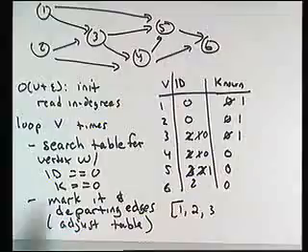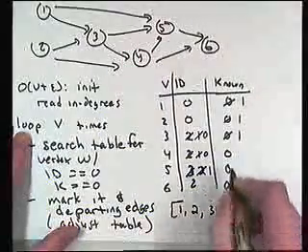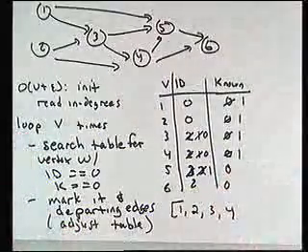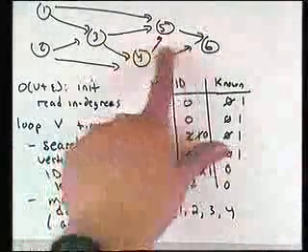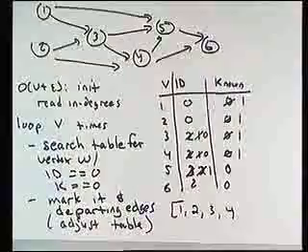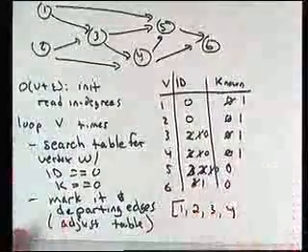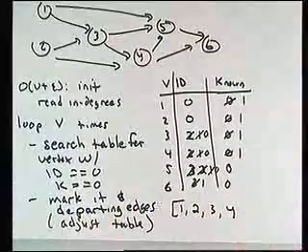Step 4 says, once again, search the table for a vertex with in degree 0 and known equal to 0. There's only one such vertex, 4. So that's the next vertex we list. I mark 4, and I say, well, if 4 and its departing edges were to be erased, both 5 and 6, 4's neighbors, would have an in degree that decreases by 1. So 5's in degree decreases, and 6's in degree decreases.